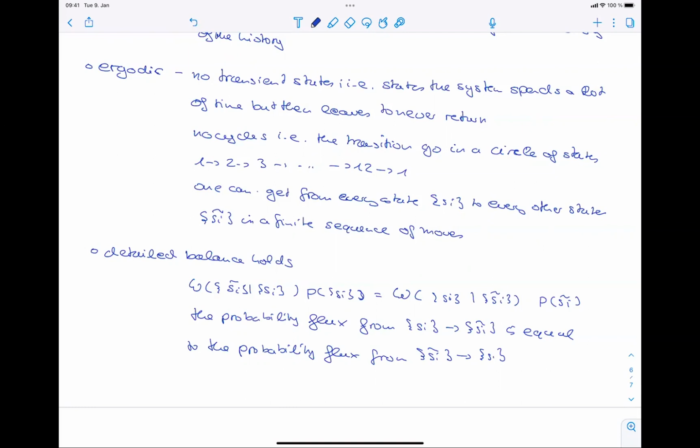It could be that S tilde is much more likely to be in than S, but that means that even if there's a smaller transition rate to go from S tilde to S, because I'm in S tilde much more likely, the overall probability flux to go back is the same. And by ensuring this flux is the same, we ensure that we sample all states in the system.